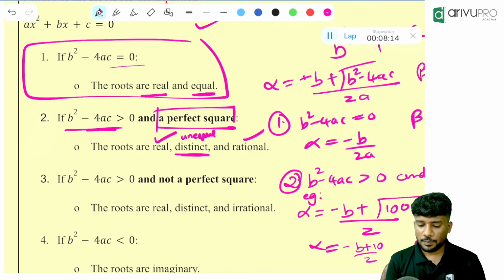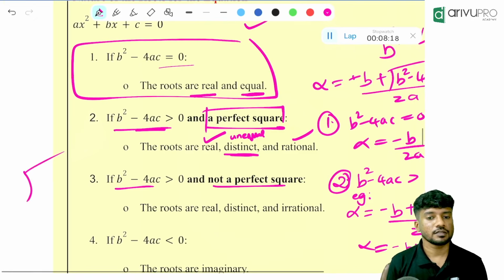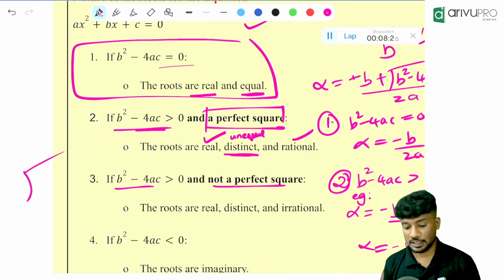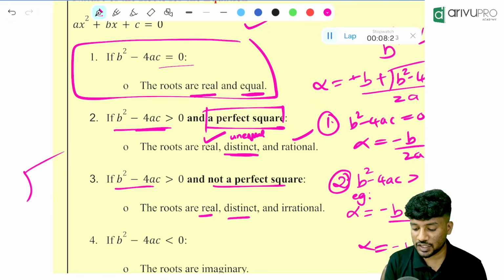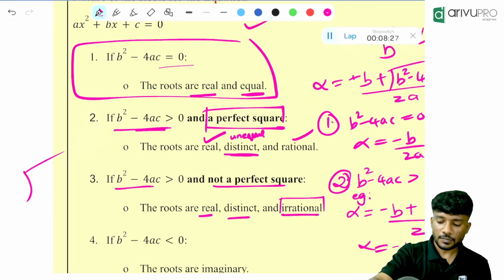Now, b square minus 4ac is not a perfect square. There will be a square root sign. The root will not go off. Then we will say that they are real, distinct and irrational. Make a note of it.